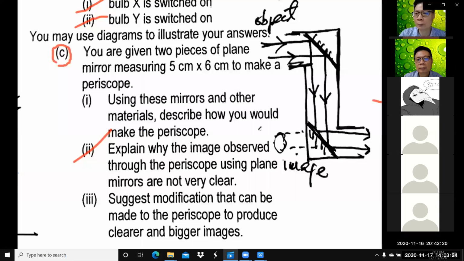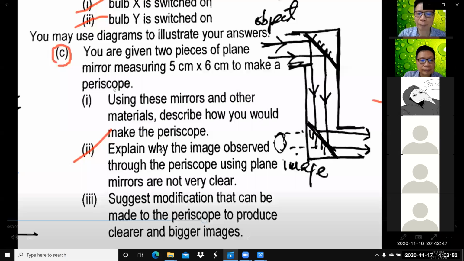All the images are overlapping each other because one direction reflects, the next direction reflects. Different reflections produce different images, so you have many images formed here, overlapping each other. So it becomes multiple images and it's not clear.